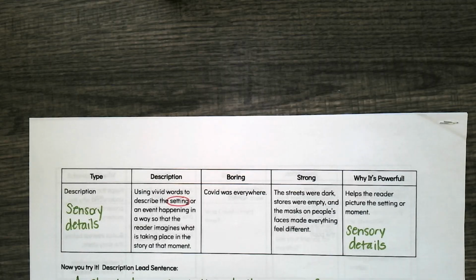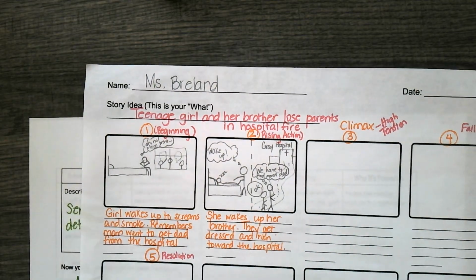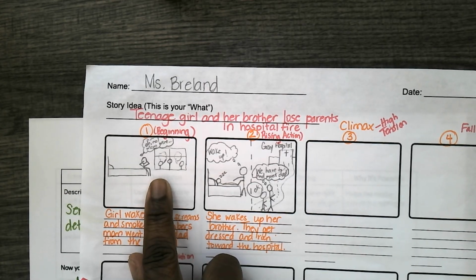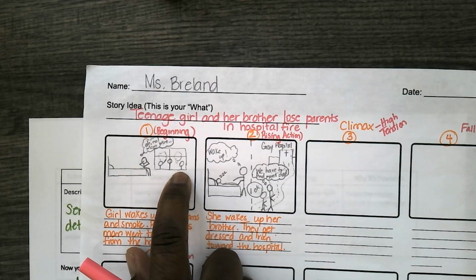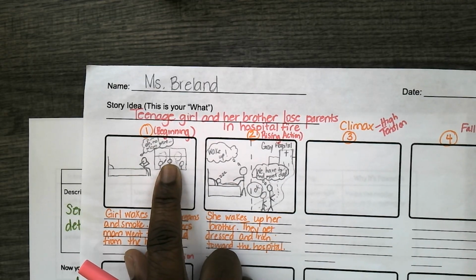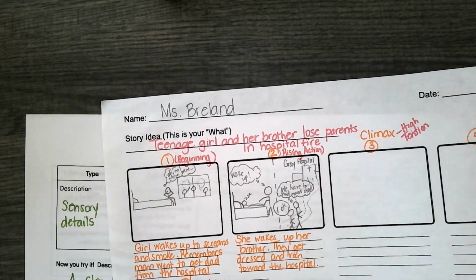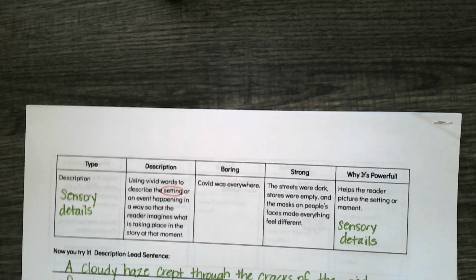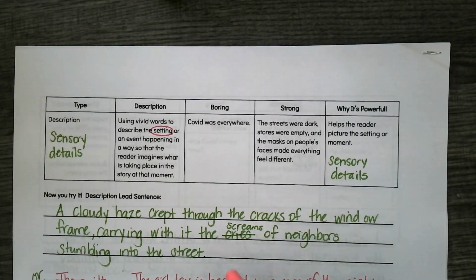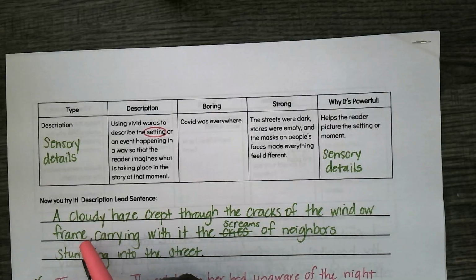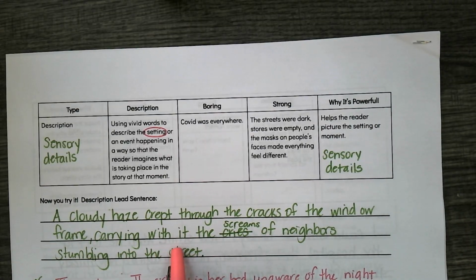Again, I had to think about what's going on, even though I know she's asleep at the moment. I can still be descriptive about the setting, or I can choose to be descriptive about what's happening outside of the room. So I have to make a decision as a writer, and I have creative license to do that. I played around with two of those, and I'll share that. "A cloudy haze crept through the cracks of the window frame, carrying with it the screams of neighbors stumbling into the street."